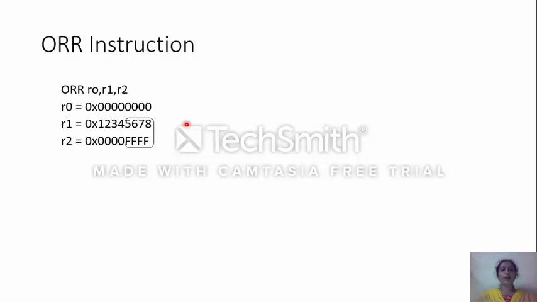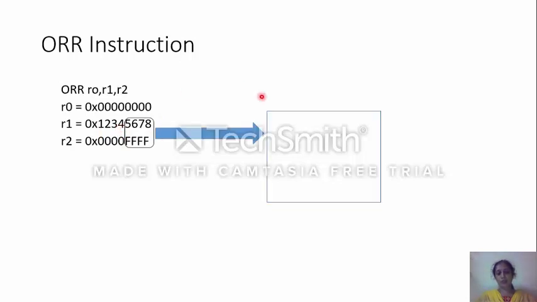The number is divided into two parts, lower 16 bits and upper 16 bits. The lower 16-bit OR operation will be performed like this. Here the lower 16-bit number is 5, 6, 7, 8 and it is ORed with 1. You know that if anything is ORed with 1, the result will be 1. It means you are actually masking the number.